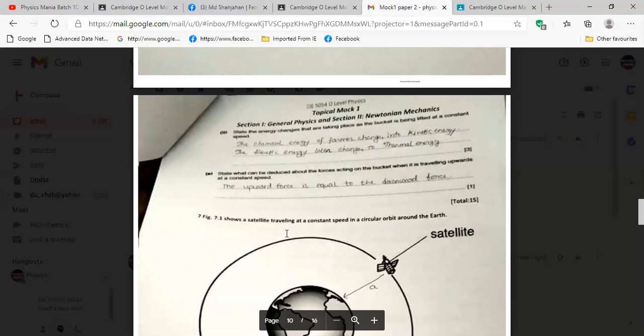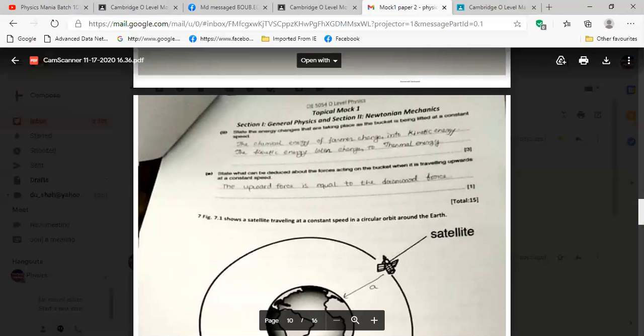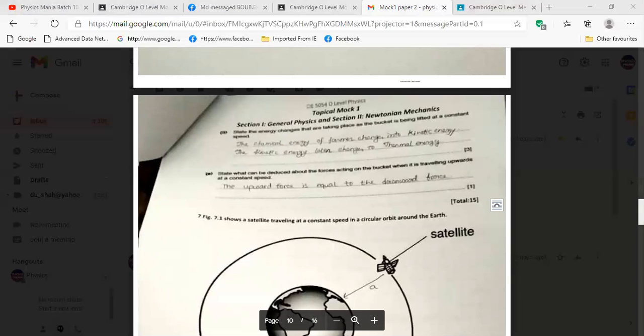The kinetic energy later changes to thermal energy. They gave 3 marks, so I wrote three different energy names. Okay, great. So you wrote chemical energy, then gravitational potential energy, then thermal energy, right? Yes, sir. So kinetic energy, I wrote.